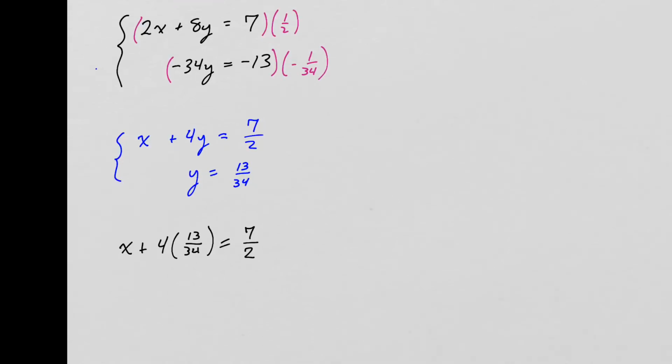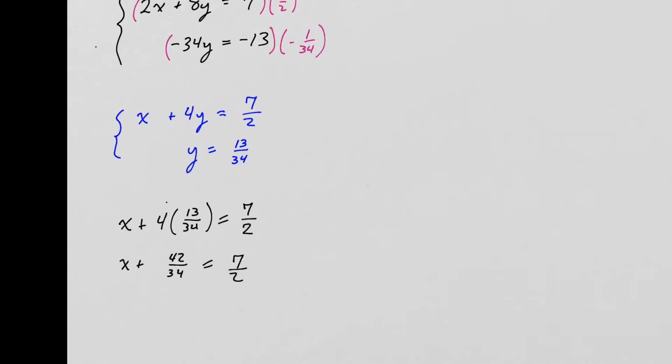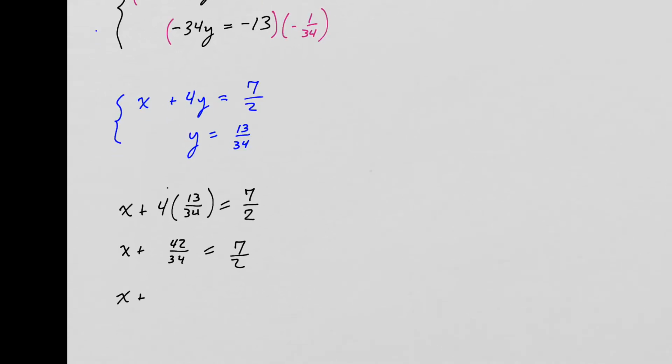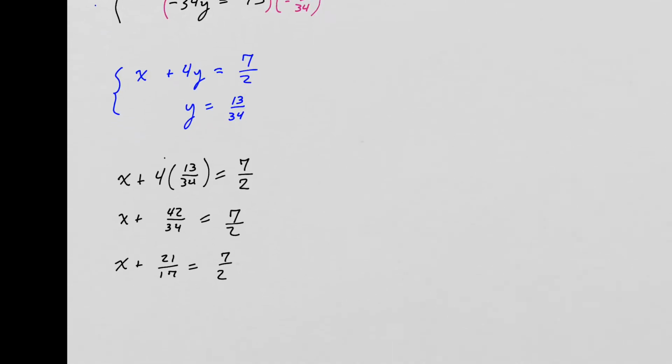So we're saying, okay, x plus 42/34, I'll simplify that in a second, is equal to 7/2. x plus 21/17 is equal to 7/2. Actually, I probably should have left it with the 34ths. All right, x equals 7/2 minus 21/17.